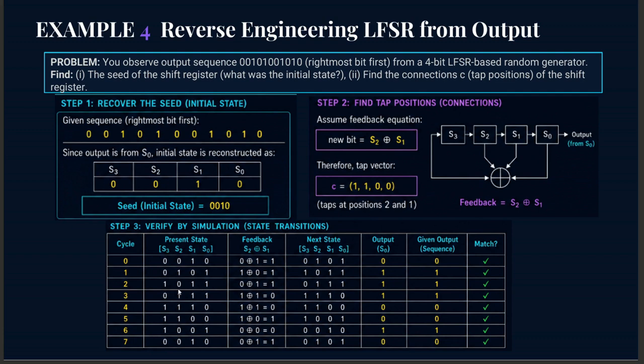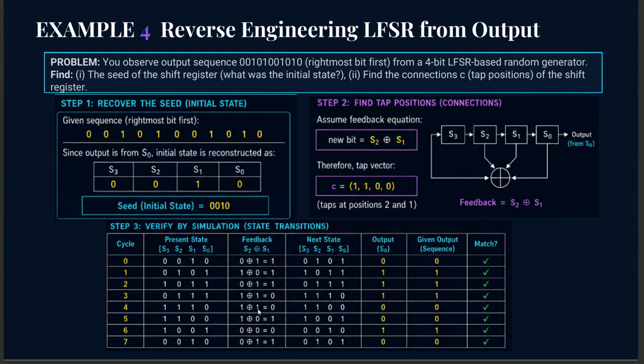In the next cycle, the current state is 1011. Output is 1. Feedback is 0 XOR 1 equals 1, and the state becomes 0111. In cycle 3, the current state is 0111. The output is 1 and the feedback 1 XOR 1 equals 0. So the next state is 1110. In cycle 4, the current state is 1110.